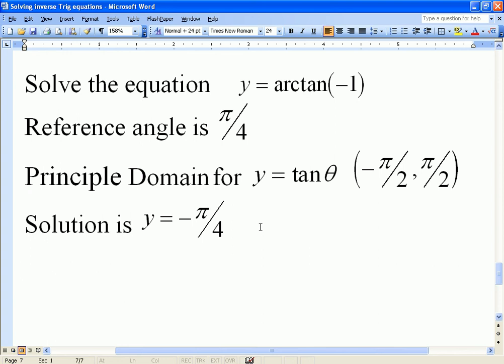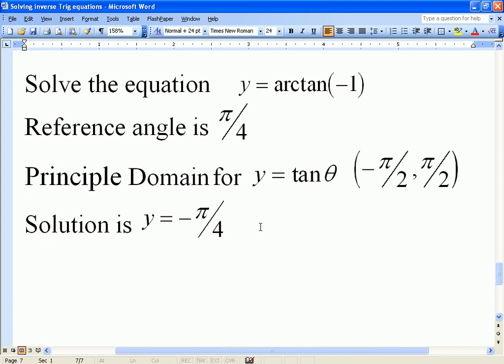And in the last example, we are looking to solve the inverse trig equation, y equals arc tangent negative 1. We have the same reference angle as the example before, pi over 4. The principal domain for the tangent function is any angle between negative pi over 2 and pi over 2.